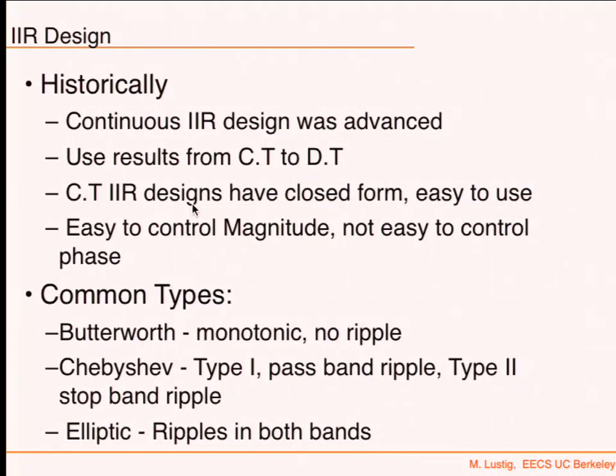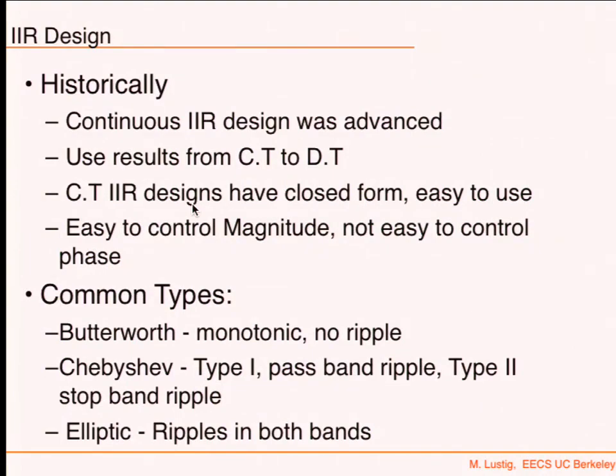If you look at the common types of IIRs, there's the Butterworth filter. It's monotonic, no ripple. Chebyshev filters: type 1 has a passband ripple, and type 2 has a stopband ripple, and in the other band they're monotonic.